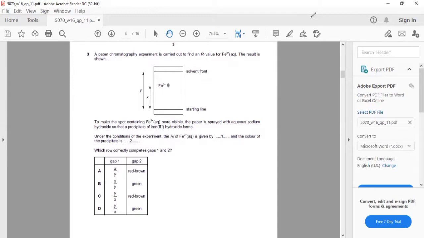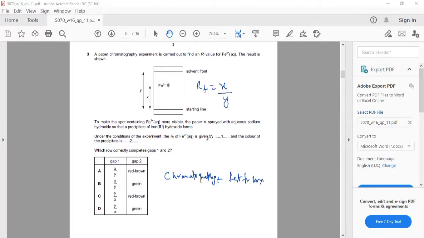It's about chromatography plus the test for ions. The Rf value is the distance covered by the spot divided by the distance covered by the solvent.